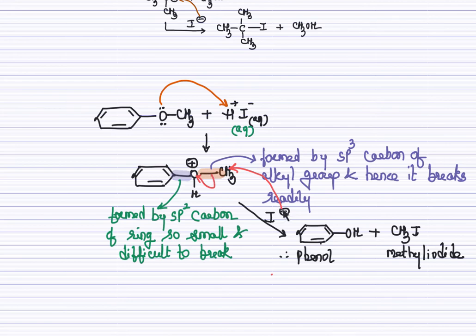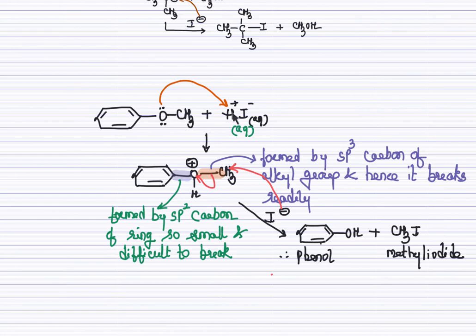So the negative ion always attacks this alkyl part, whether it is primary, secondary, tertiary, whatever. And this bond breaks always, and the 2 electrons go on to this oxygen. Every time phenol is one of the products obtained. Even if you use excess of HI, HI cannot convert OH into I because this is on the ring.